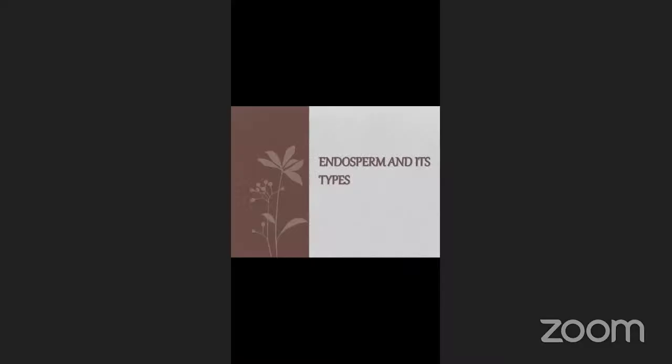When the embryo uses the endosperm completely as food material, then the endosperm goes empty. That type of seed is non-endospermic. When the endosperm is not utilized as food, the seed retains endosperm. That type of seed is called an endospermic or albuminous seed.